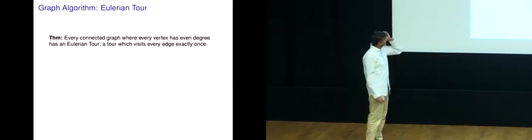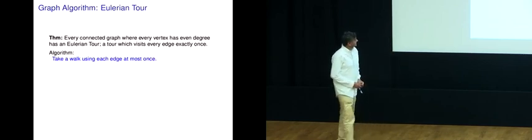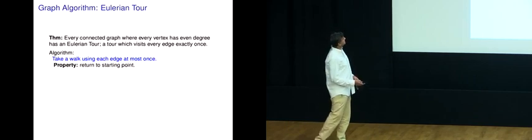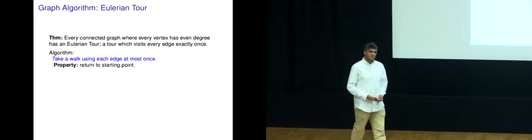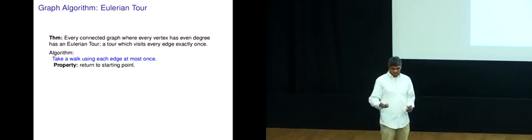Every connected graph where every vertex has an even degree has an Eulerian tour, a tour which visits every edge exactly once. You take a walk using each edge at most once, and you can always return to the starting point. Now you're thinking about graphs and parity.